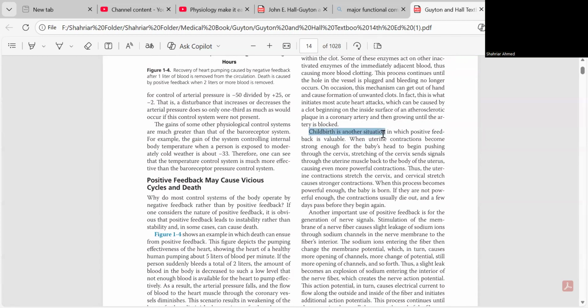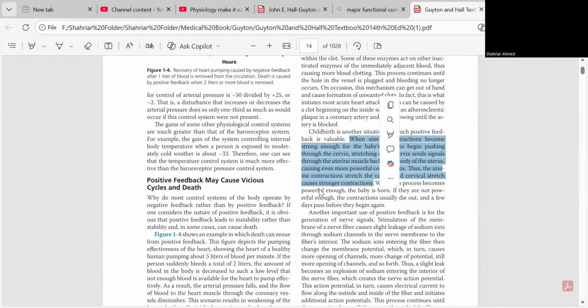Childbirth is another situation in which positive feedback is valuable. When uterine contraction becomes strong enough for the baby's head to begin pushing through the cervix, stretching of the cervix sends signals through the uterine muscle back to the body of the uterus, causing even more powerful contractions. Thus, uterine contraction stretches the cervix and cervical stretch causes stronger contraction.